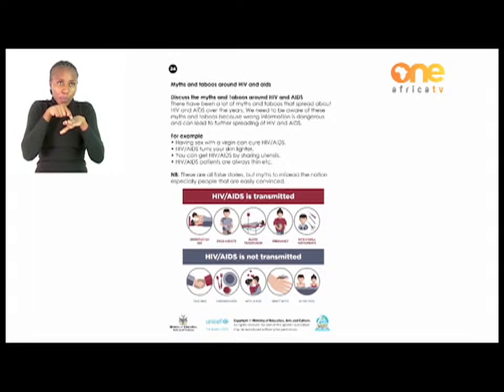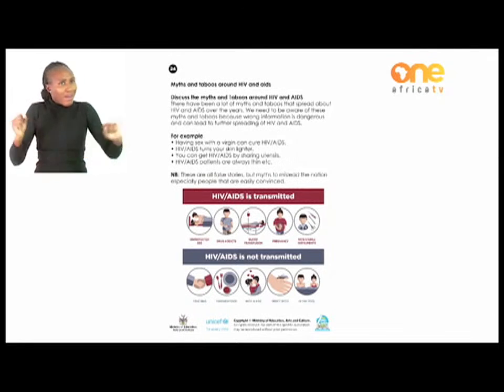This is also one way HIV cannot be transmitted, because insects do not have receptors and cannot get infected by HIV. Therefore, they cannot transmit the HIV virus because it's digested in their stomach. Or simply by taking a swim in the pool with someone, you cannot get HIV/AIDS.